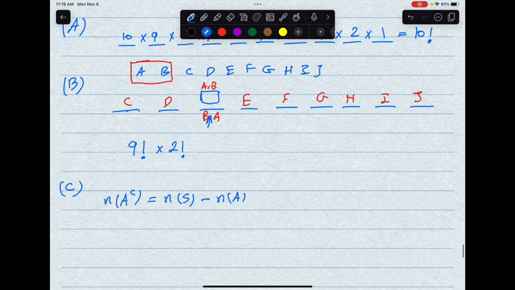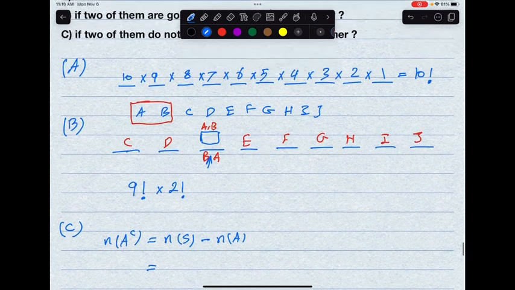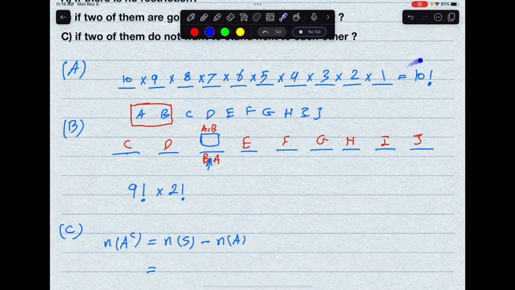We already know n(S) is 10 factorial, all the arrangements of these 10 people in a line. Minus n(A), where A is when two of them stand next to each other. I'm going to find the complement of that, so it's just minus the answer of part B, which is 9 factorial times 2 factorial.